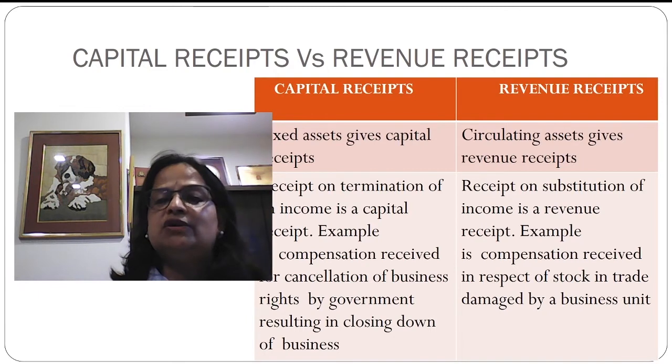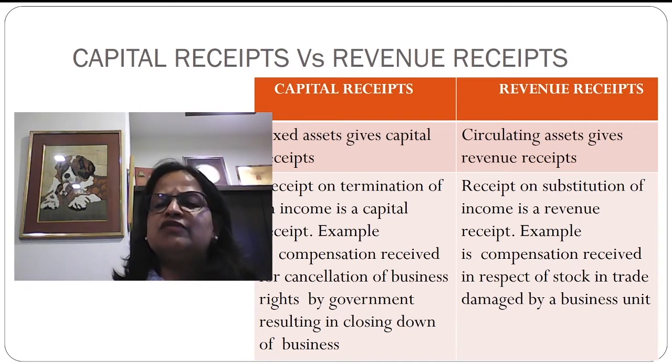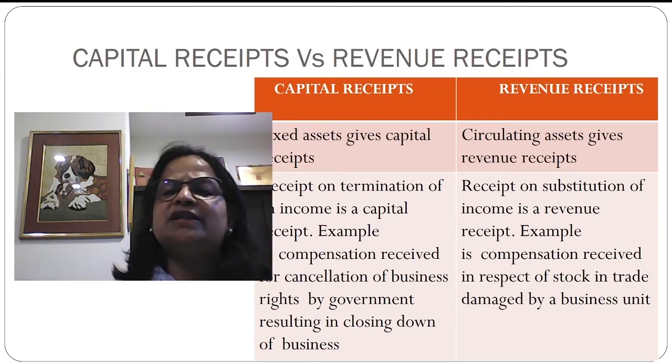So they suffered a loss. That will be a revenue loss for the business unit because it's a substitution of income. If the shop was open and they were able to sell that item, it would be a revenue receipt for them. But this is a damage for that item, whatever they stored, due to the special condition of lockdown. So if they are getting compensation from the insurance company, it will be a revenue receipt because it is directly affecting the substitution of income.